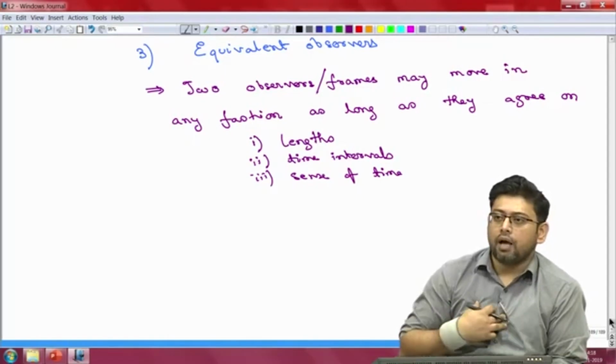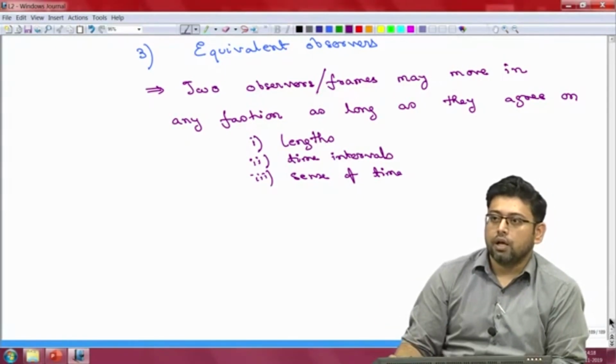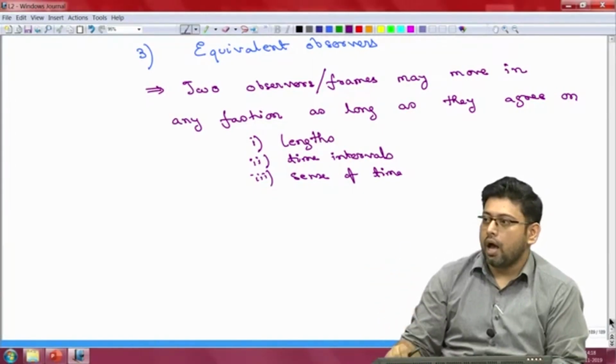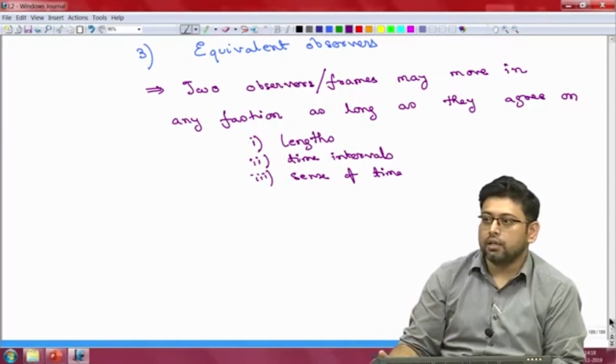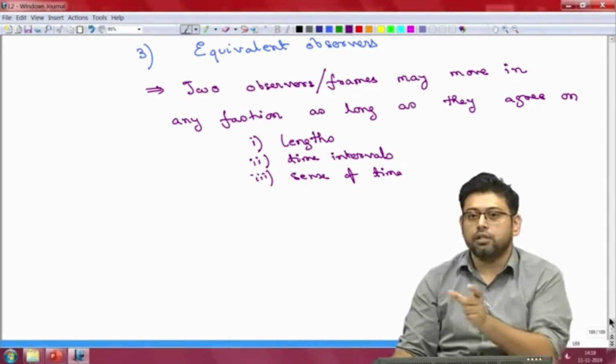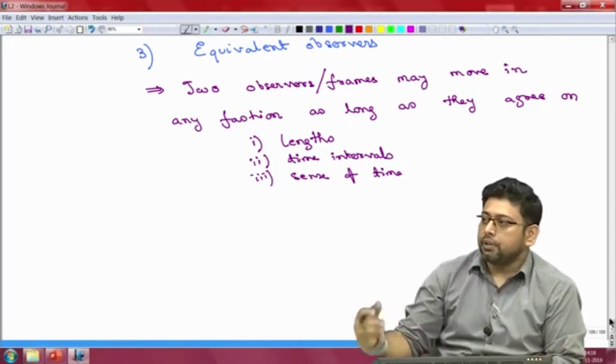For example, I am observing this room. I am one of the observers. I can see the distance between the two of you, I can measure it, and I will associate a certain distance between the two of you, and I know that this is true at this current time only. Then some other person comes in.